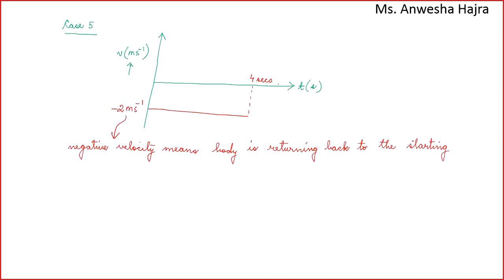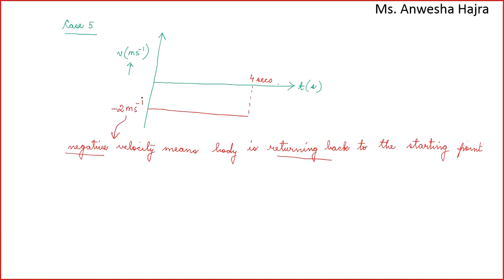In the displacement time graph we have learned negative velocity means the body is returning back to the starting point. Here velocity is negative.